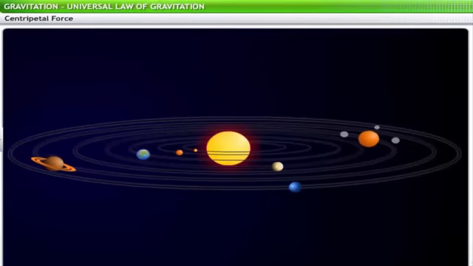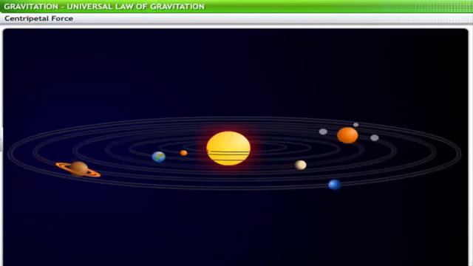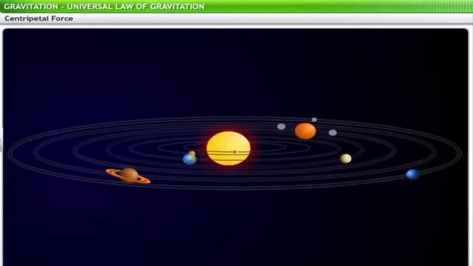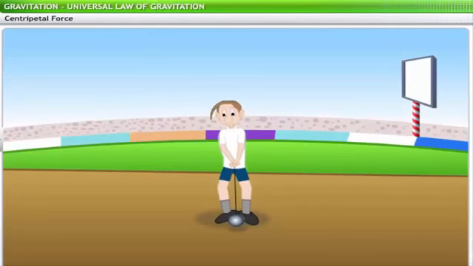This is the reason that the moon and the planets revolve in their respective orbits instead of falling on each other. For a better understanding of centripetal force, let's observe a game of hammer throw, an Olympic athletic event.